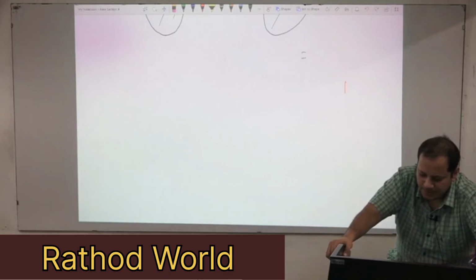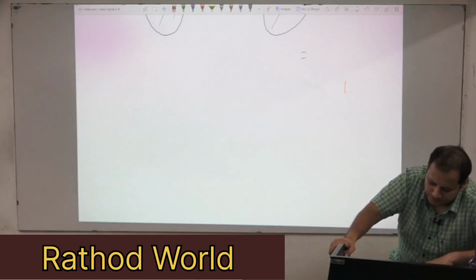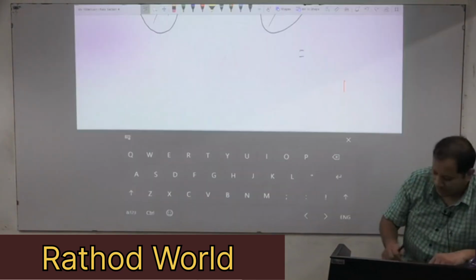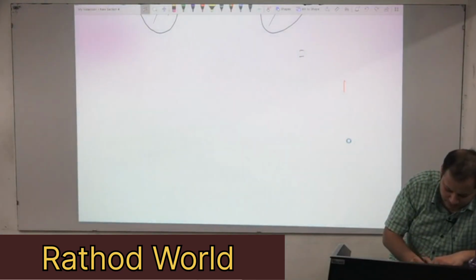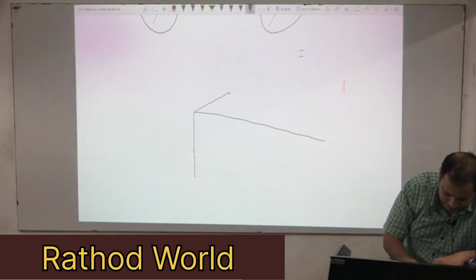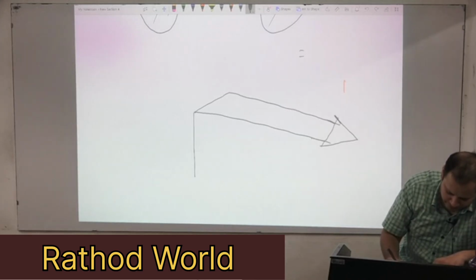Next point is: as the wind flows, due to the Coriolis effect, the immediate surface water starts flowing at 45 degrees to the direction of the wind.